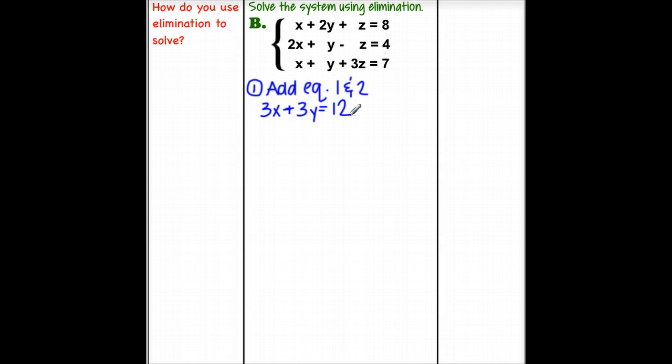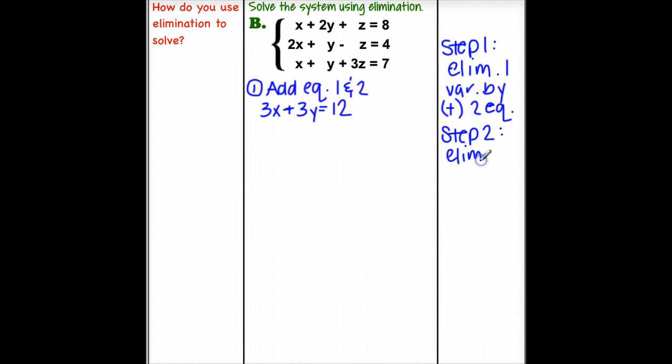So if you're taking notes over in this right-hand margin, under step 1, you're going to write that you will eliminate one variable by adding 2 of the equations. And then step 2, to eliminate the same variable by adding two different equations.